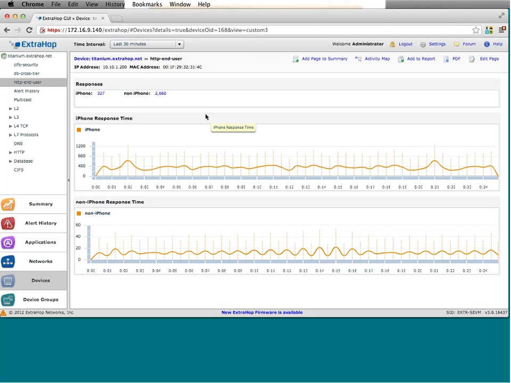We call this functionality application inspection triggers, and it is a way for us to define custom metrics that we're collecting. We do that by analyzing the payload of application transactions just long enough to do our analysis, and then we throw that payload away.